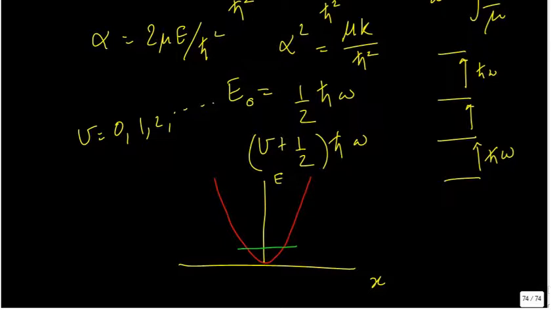And that's quite interesting. If you now think about the wave function, the wave function is e to the power minus alpha x squared by 2. First of all, is it a well-behaved wave function? Yes? It goes to 0.